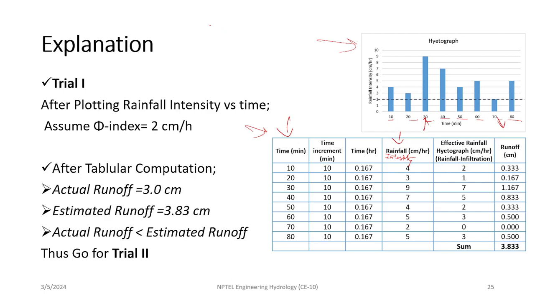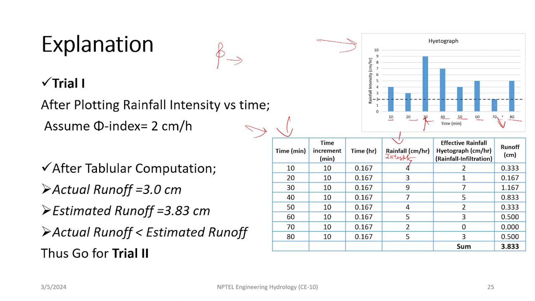What I just mentioned, there should be a logic in the selection of phi. So whatever phi value we assume should be based on the lowest rainfall intensity we have.